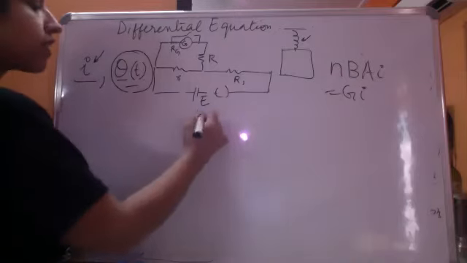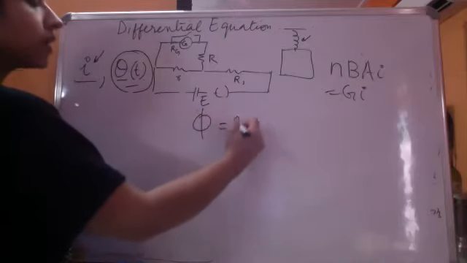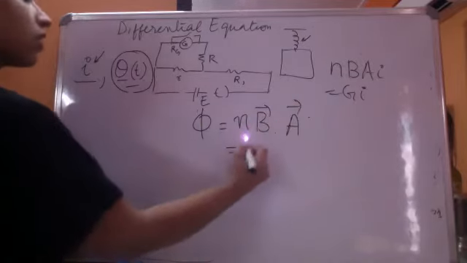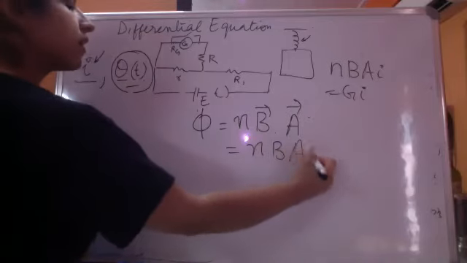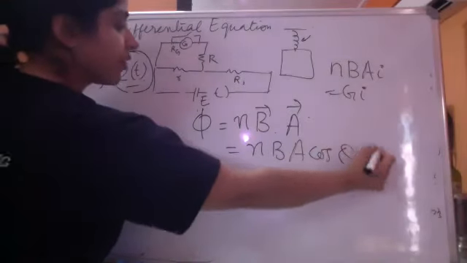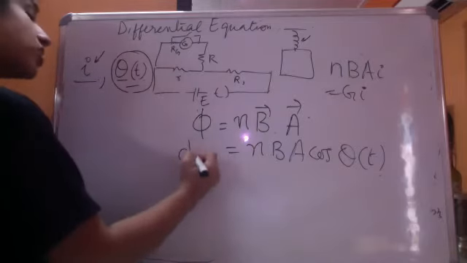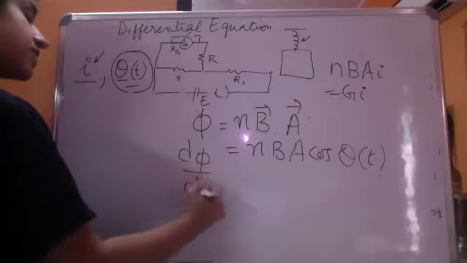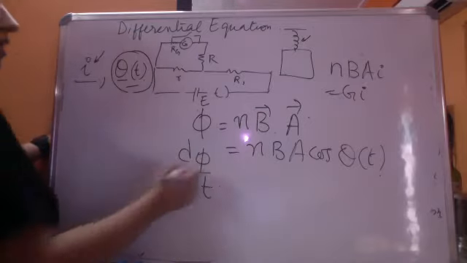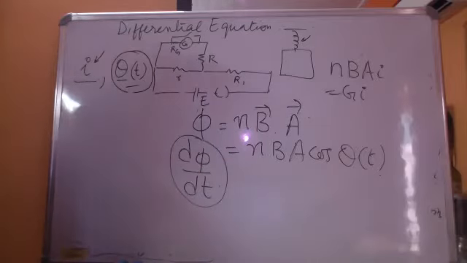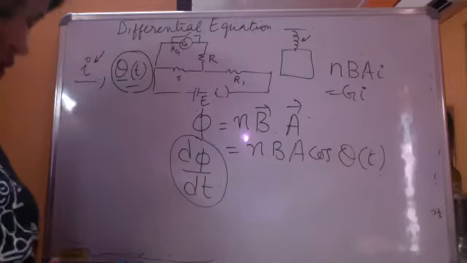Now the flux through the coil is given by NB dot A, or NBA cosine of the angle between the magnetic field and the area of the coil. As this flux changes, as theta t changes, there is an induced EMF due to this change in flux. This is what you call Lenz's law.